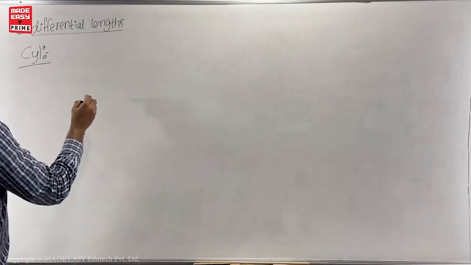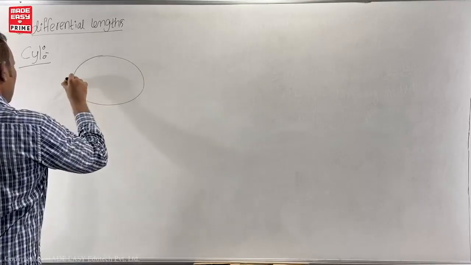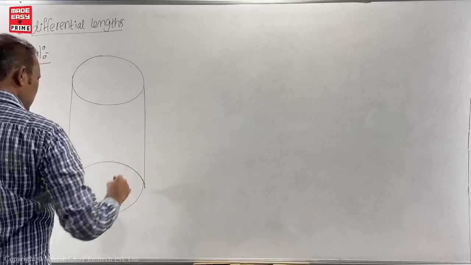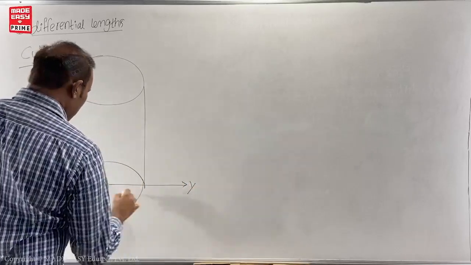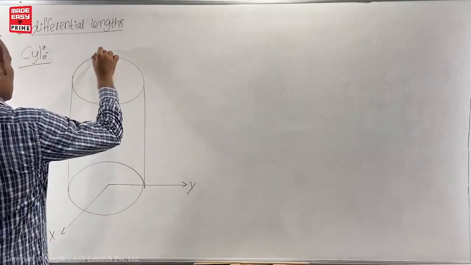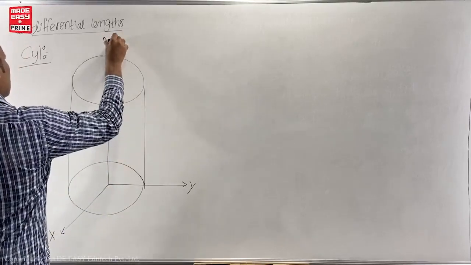Differential length means small lengths in rho direction, pi direction, z direction. Now for this what I am doing, I am taking one cylinder here, like this. Okay. Now this one is y-axis. So this one is x-axis. So central one is actually z-axis.